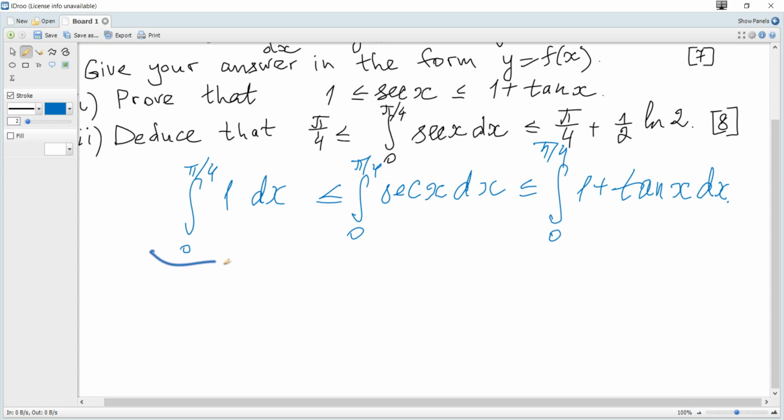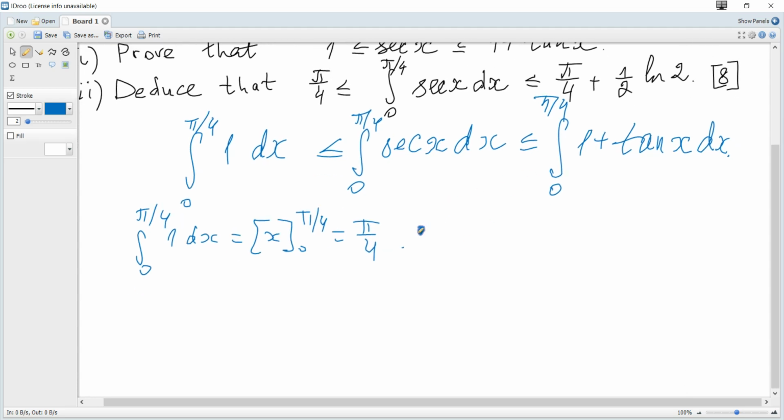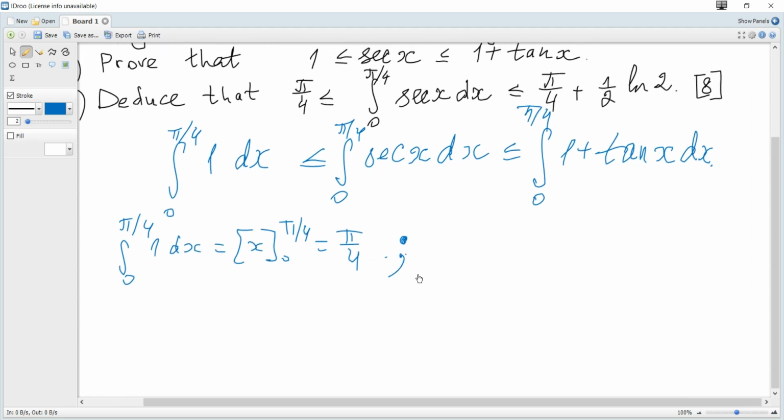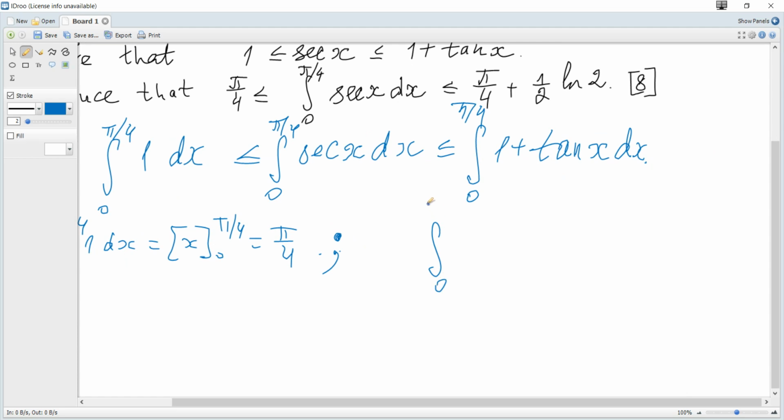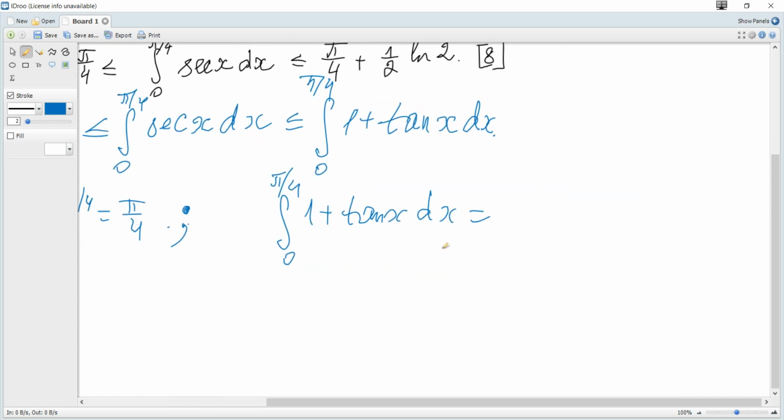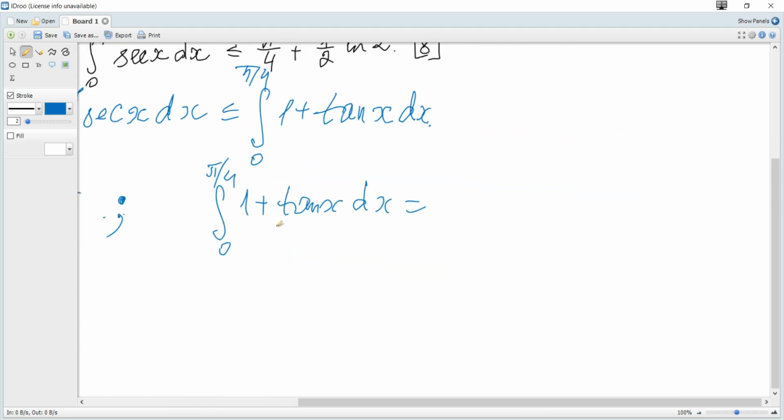And this integral is quite easy. It's just x with limits 0 to pi over 4, which is pi over 4. And this integral, 1 plus tangent dx, how to integrate this? You can see that the integral of a sum is equal to the sum of integrals.